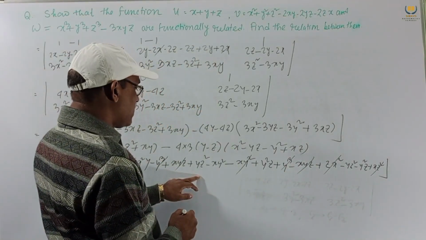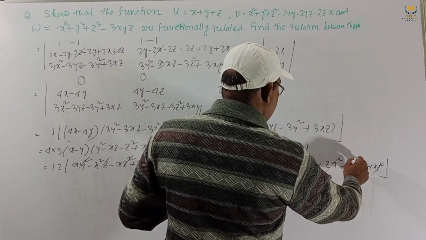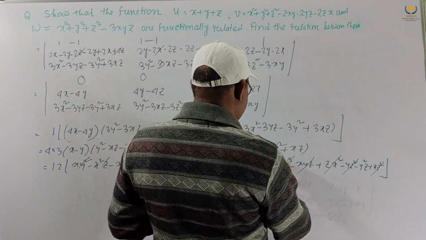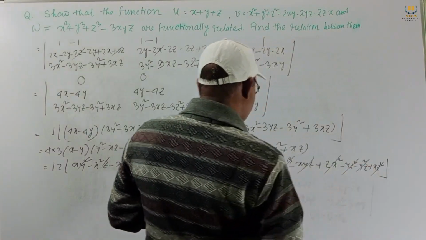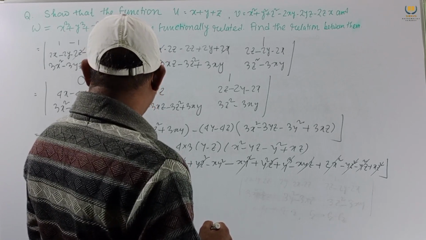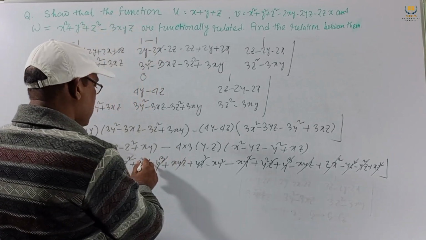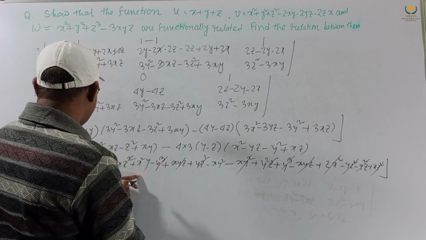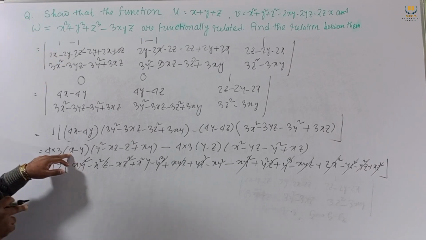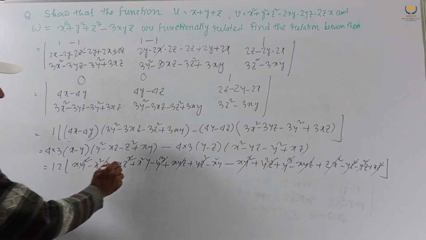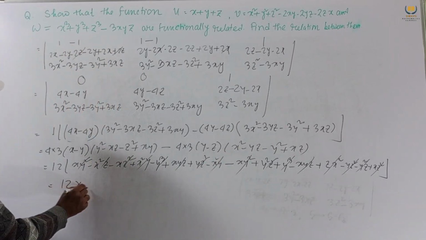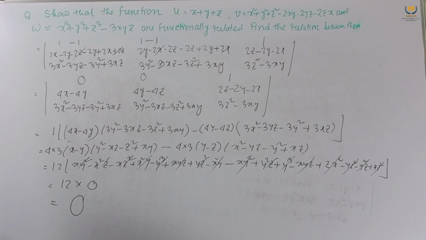Y z square, this and this cancel, and y square z, these two are cancel, and this 2 x square y cancel, and this is 12 into 0, this is 0, we get the 0.